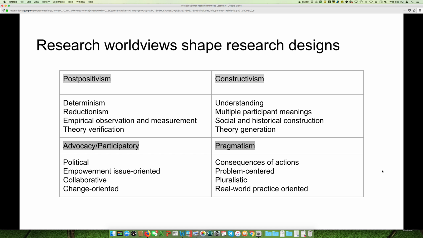Okay, so here is this research worldviews shape research designs slide. The first, in the top left corner, is post-positivism. This is a research worldview or perspective that looks to understand discrete phenomena and posits that the truth is knowable and can be illuminated by reductionist variables.